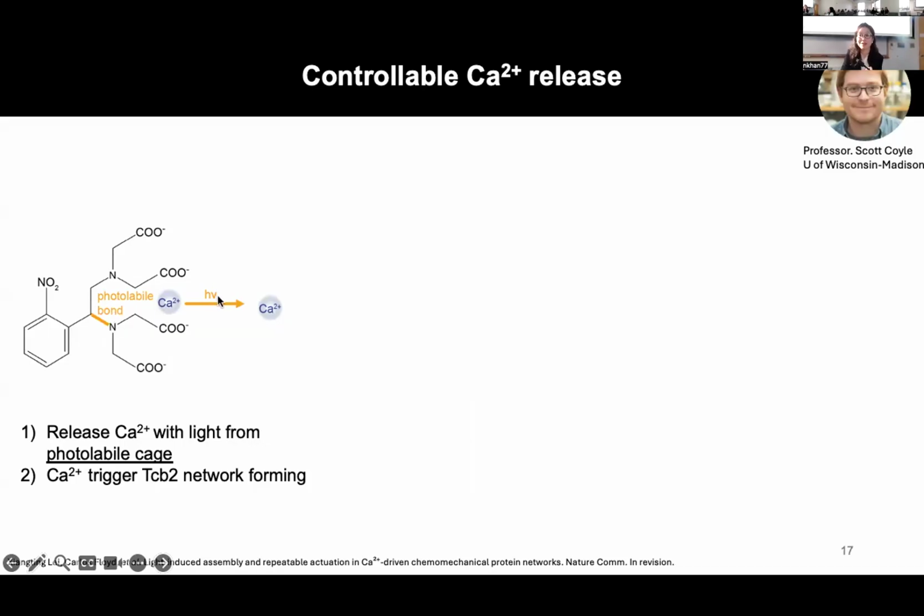Once we shine UV light on the system, this bond breaks, and then it releases the calcium into the system. This specific chelator has been widely used in optogenetics and neuroscience. It is a great fit for our project because it can raise the concentration from nanomolar to micromolar immediately.